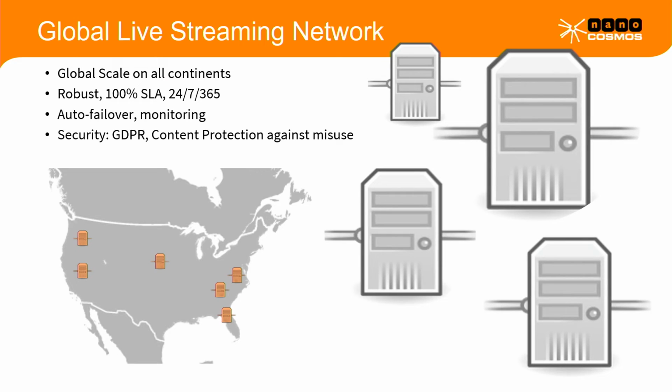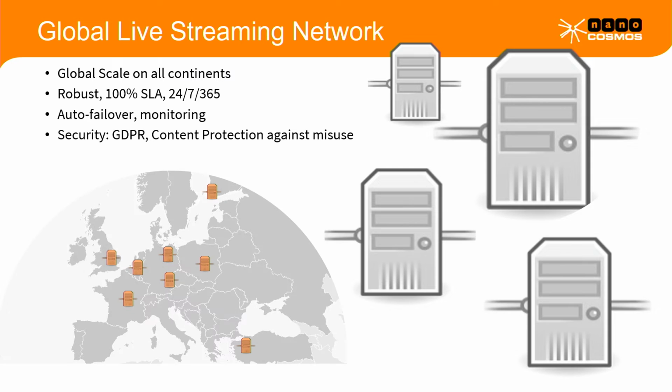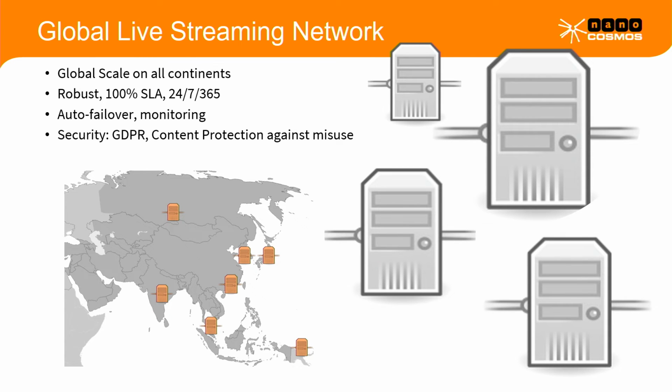The streaming network, as I said, is very important to have availability anywhere in the world. If you have applications at a global scale, you need several server locations by the network, which needs to be very robust with 100% SLA. It should never fail, 24/7, 365 operations. Things like automatic failover and monitoring are very important.